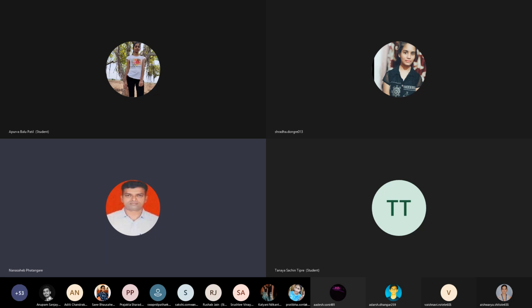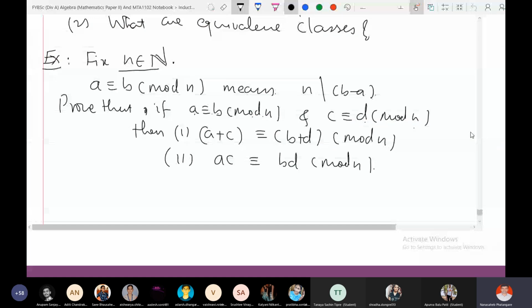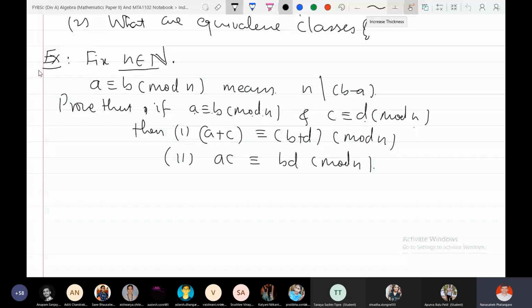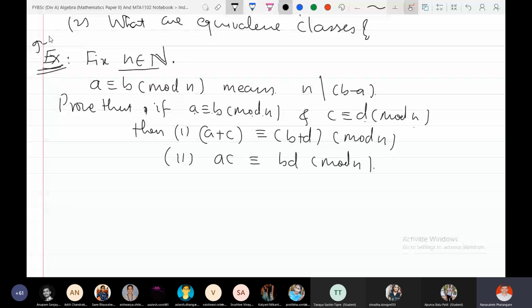Okay, so yesterday we were talking about congruence relation, right? If you look at this particular example, what is the relation?